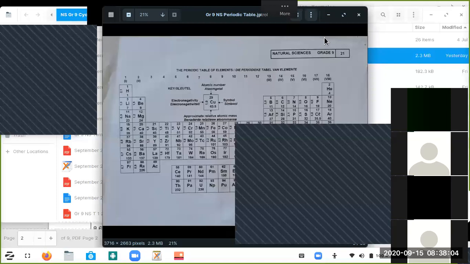Now, if you still remember on compounds, we said whenever a compound is formed, there is a fixed ratio in which elements react to form compounds.